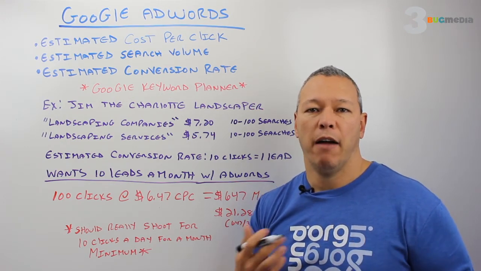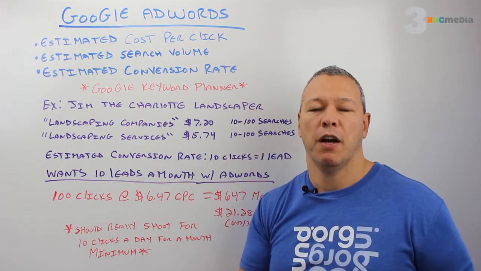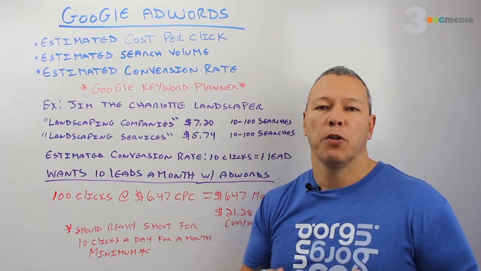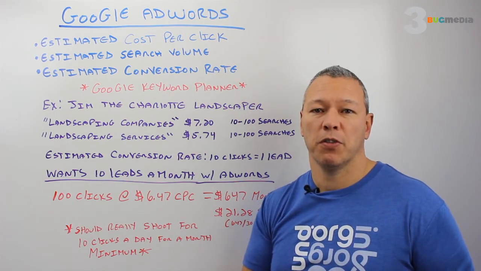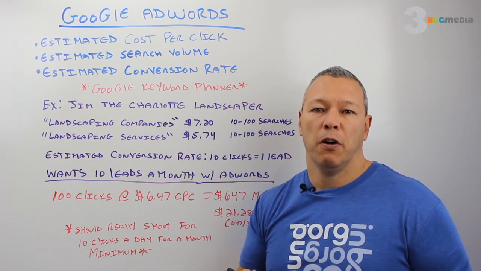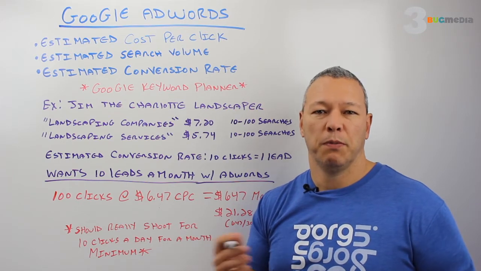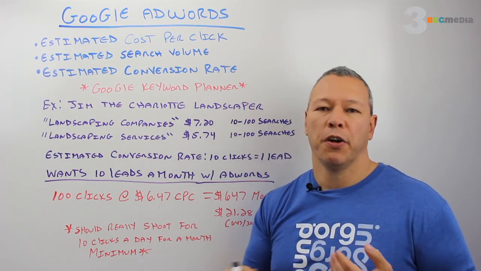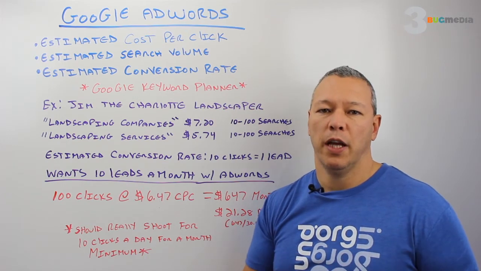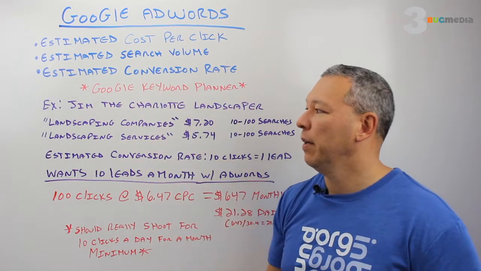That may be your average conversion rate for your website traffic. Google AdWords may convert better or could convert worse. Typically it'll be better because you'll be targeting very specific search terms, whereas on your website you may get a lot of general traffic, maybe social media traffic, that isn't going to convert as well as Google AdWords. So that'll give you a general estimate.